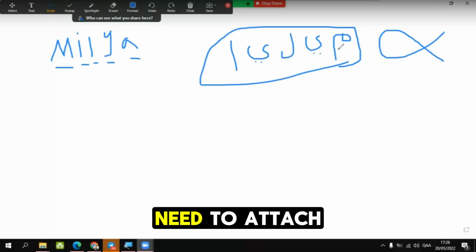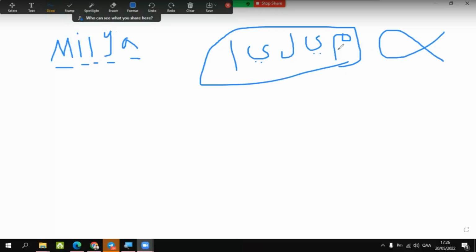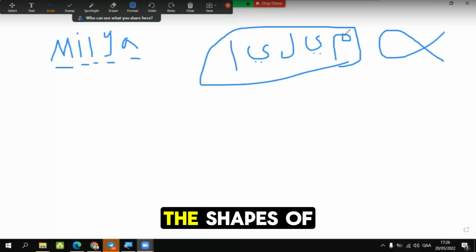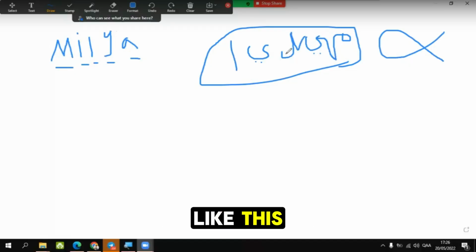And since we need to attach them, we need to adjust the shapes of them so they fit each other. We also cannot attach them randomly like this, like this, like this.